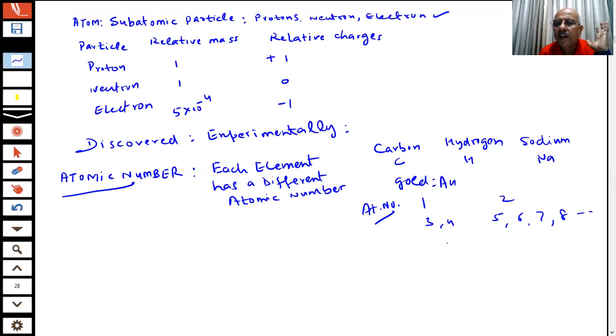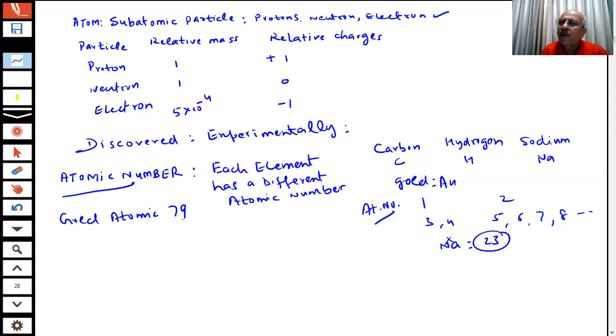Supposing I say the atomic number of sodium is 23. If I don't write sodium, if I say atomic number 23, then you will know which element it is, yes or no? Therefore, students, atomic number is very important. If I say gold has atomic number 79, no other element will have atomic number 79. Will any other element have atomic number 79? No, because it is gold.